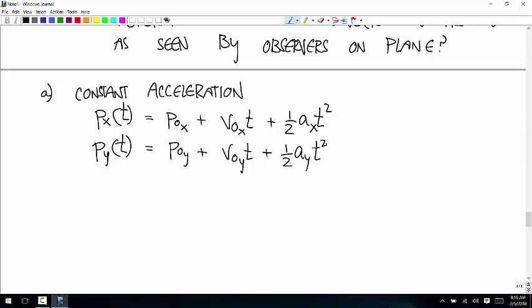Then you can just fill in what you know. This really doesn't matter. You can put the origin of your coordinate system wherever you want. We'll just assume those are 0. So this is equal to 200 times the cosine of 15, which is 187.94.